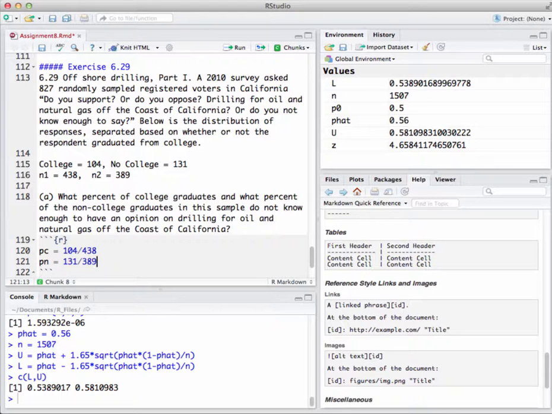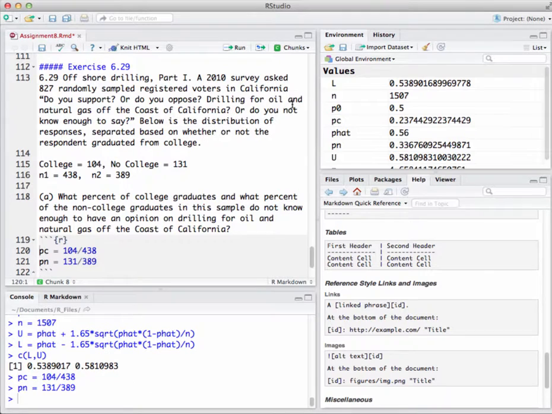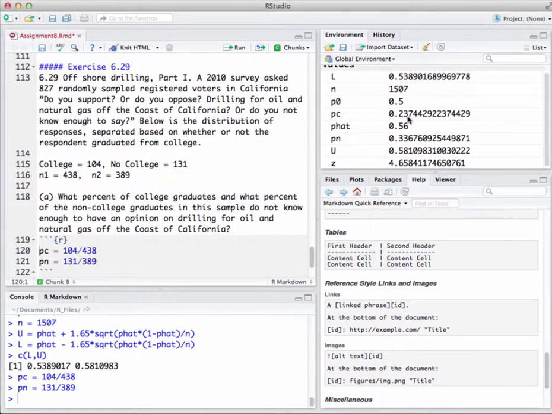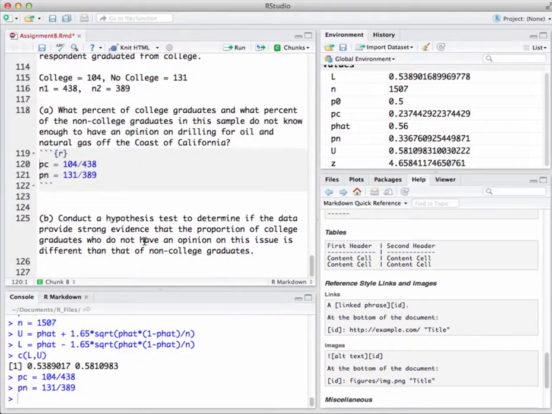Okay, so those are the proportions for each. We can go ahead and just run that chunk real quick so we can take a look at those numbers. And we see that we get basically 24% and 34% respectively for those who have had college and those that have not, for the percentages who don't think they know enough to have an opinion on offshore drilling.